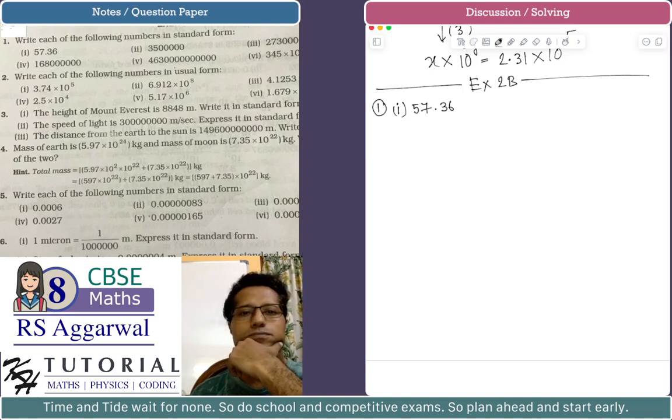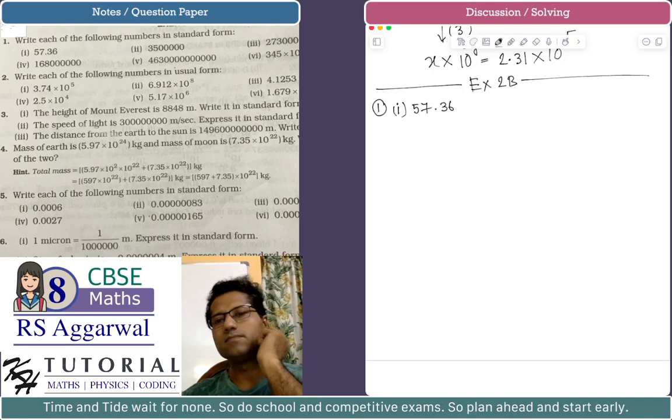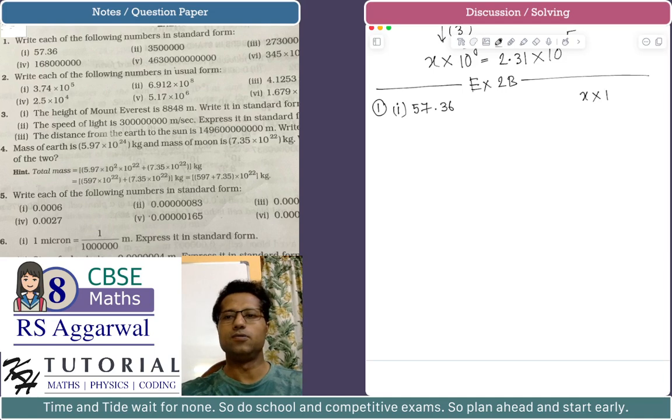Now for this kind of problem, you know that the standard form is x multiplied by 10 to the power y, where x is a number greater than or equal to 1 and less than 10, and y is not equal to 0.